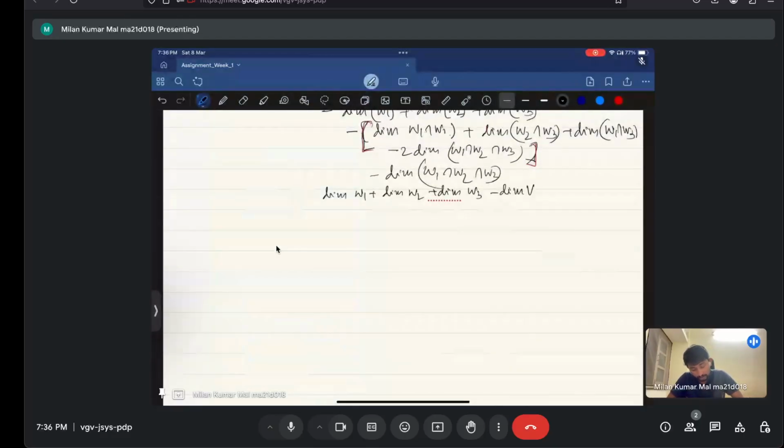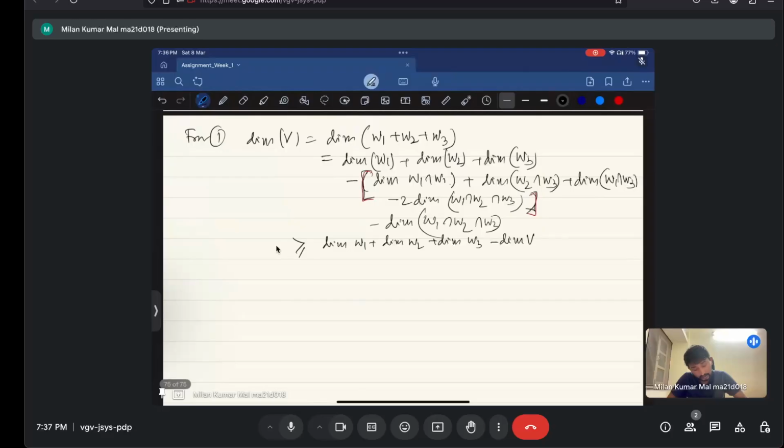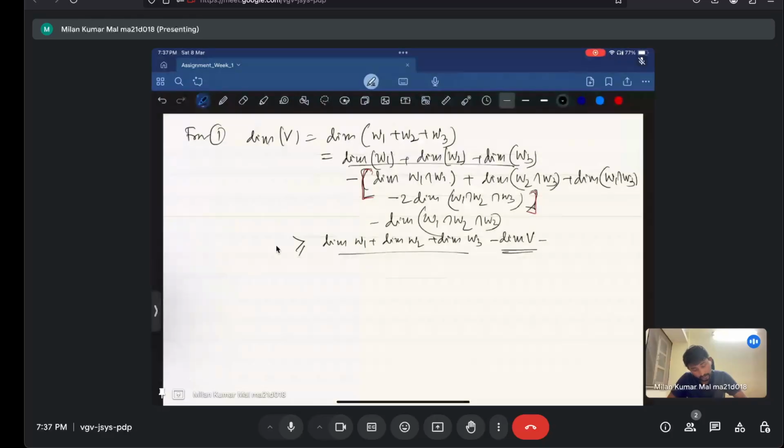The remaining term we keep as it is, and minus dimension of W1 intersection W2 intersection W3.